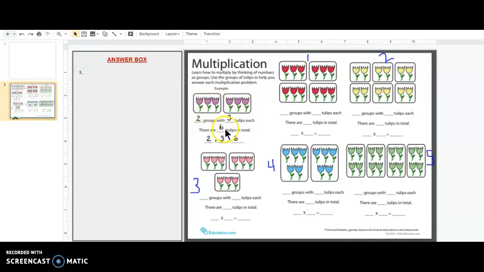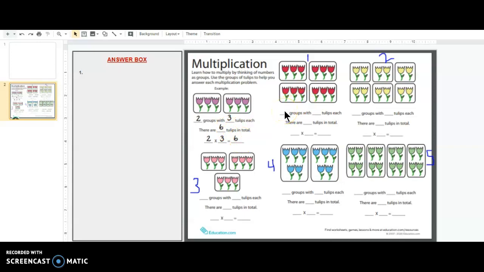There are 6 tulips in total. And in sentence form our problem would be 2 groups with 3 tulips gives us 6 in total. So 2 times 3 is the 2 groups with 3 tulips each. 2 times 3 equals 6 tulips in total. Okay?